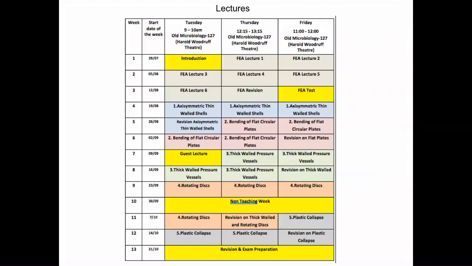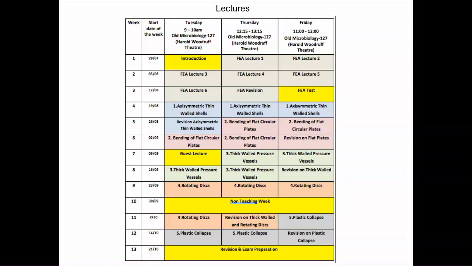Now, this is what we will be doing throughout your course. You've got this in your LMS: week 1, 2, 3, 4, 5, right up to week 13. The lectures are always going to be on, so you've got 3 lectures, Tuesday, Thursday, and Friday, and we will run lectures right through the course.